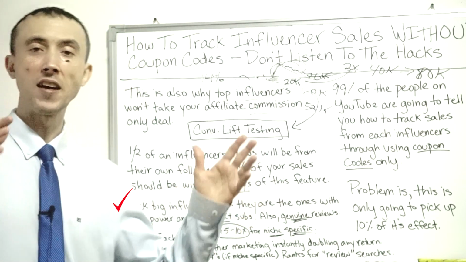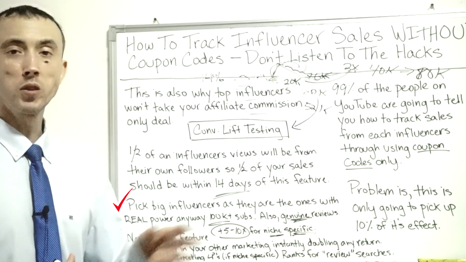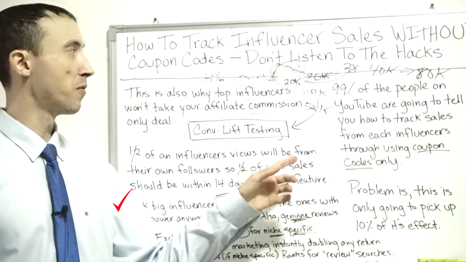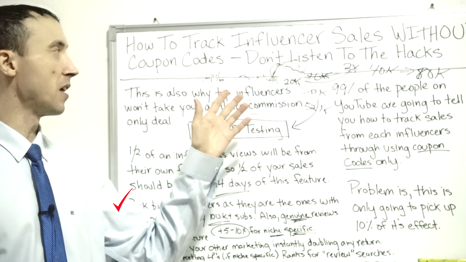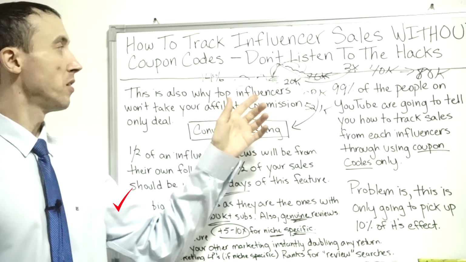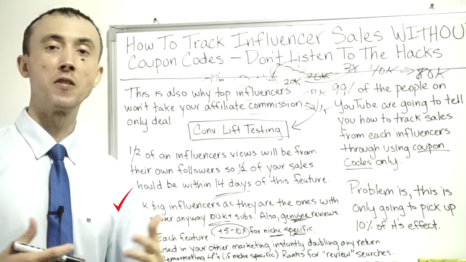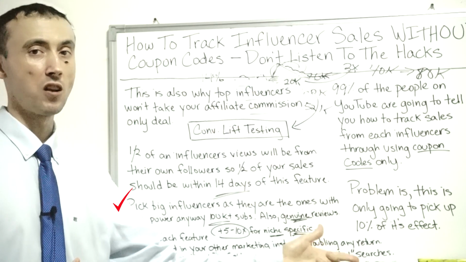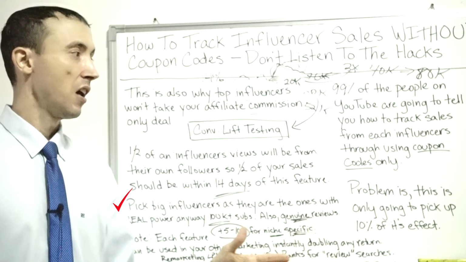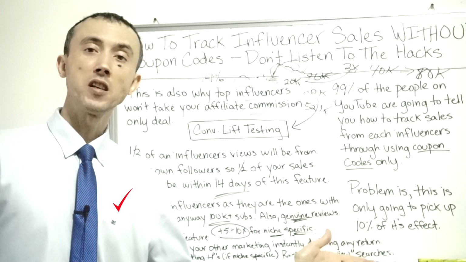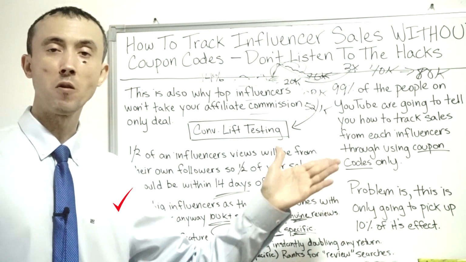And with that, by the way, that's actually good for you, because most people, I promise you, are not going to evaluate the influencer post or video that they got the way that I'm talking about here. They're going to do it through the discount code method. And so therefore, they're not going to be as willing to pay as much to an influencer for a review video.